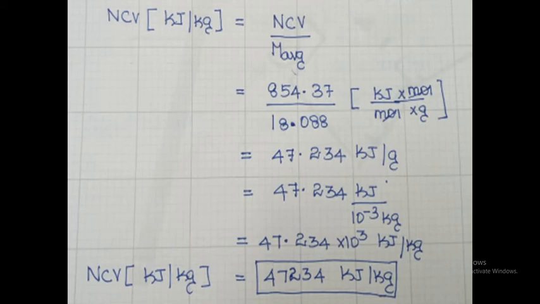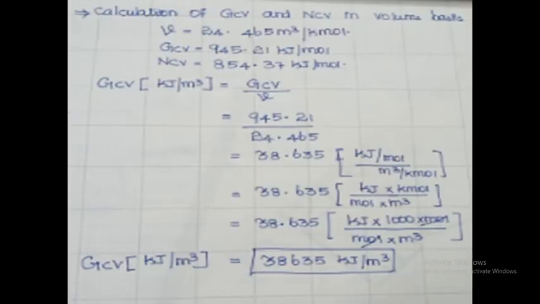So these values are in terms of weight basis. Next one, calculation of GCV and NCV on volume basis. Based on the types of fuel, GCV and NCV are expressed in various units like kilojoule per mole, kilojoule per kg or kilojoule per metric cube. So what are the types of fuel?